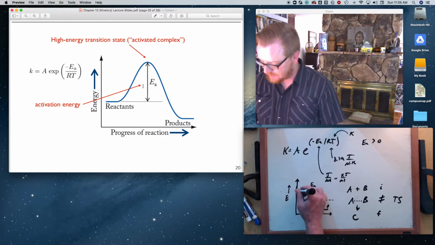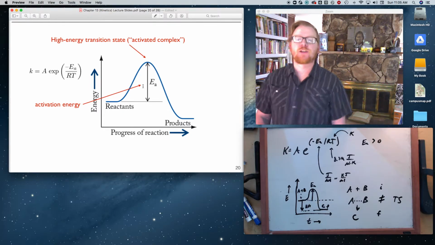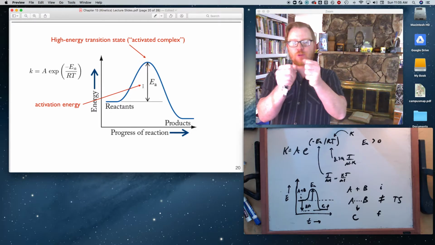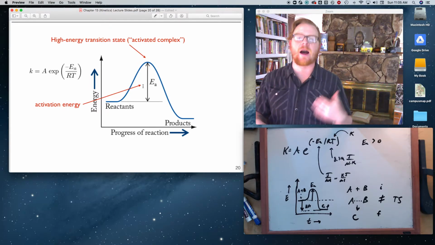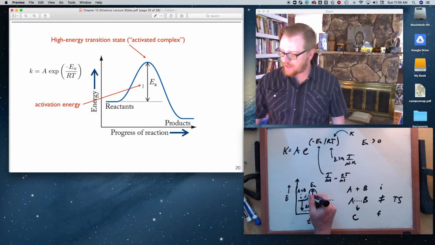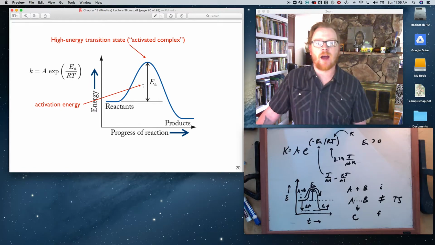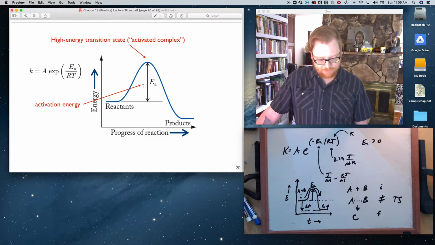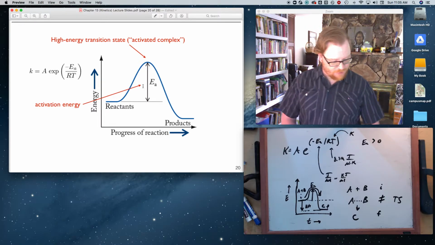So if this is A plus B, and this is C, they've got to move through some temporary transition state where maybe they're in close proximity to each other, but they are in the process of exchanging electrons and making new bonds, etc. Once they have enough activation energy to get over this hill, then they can go on to form products.